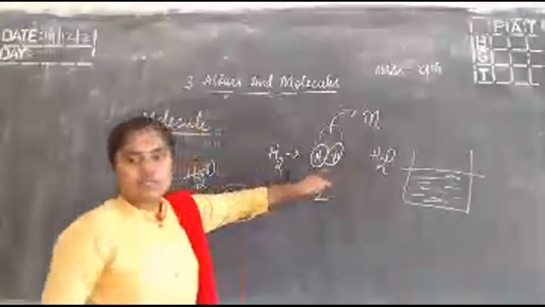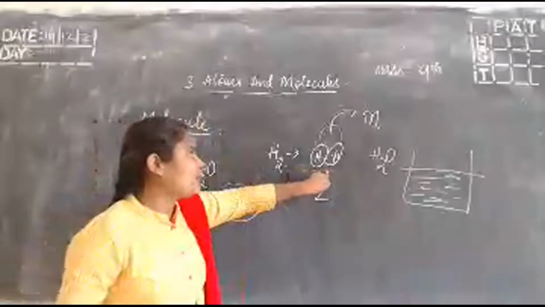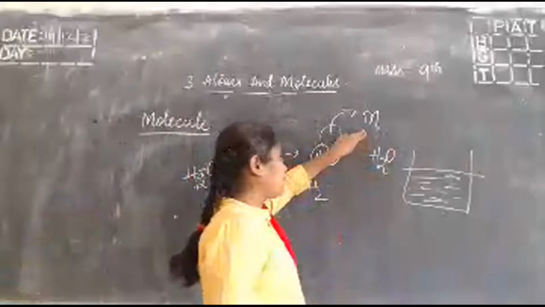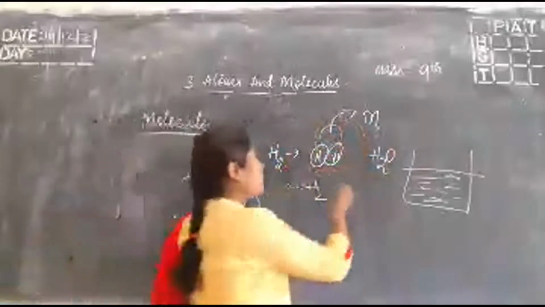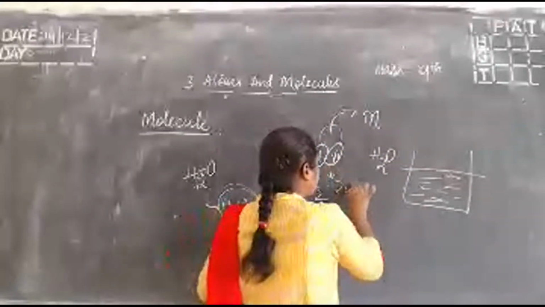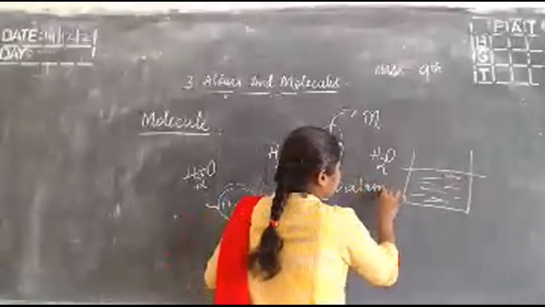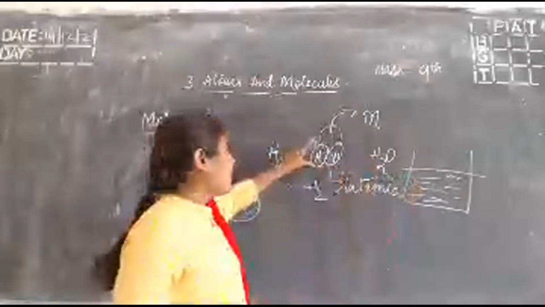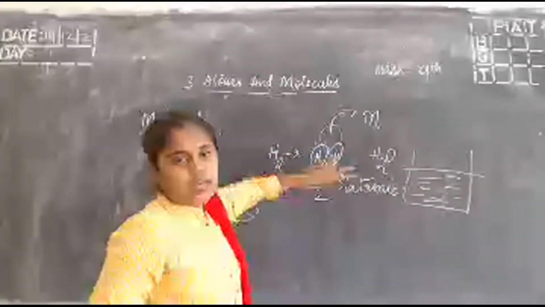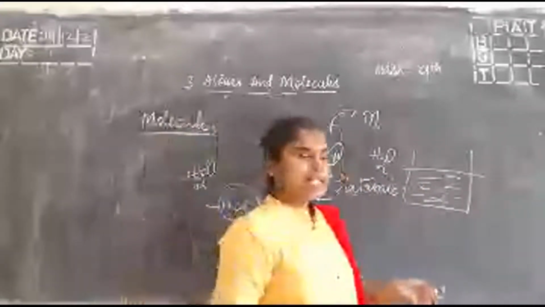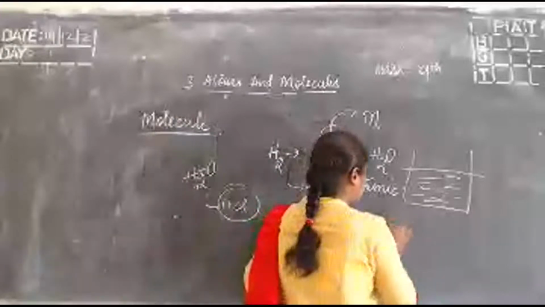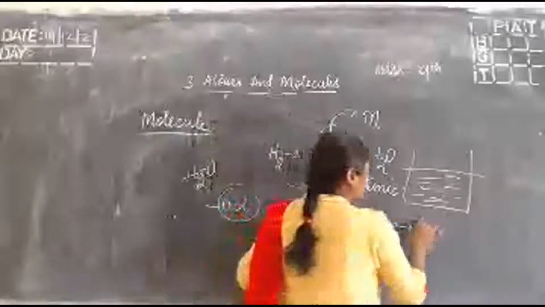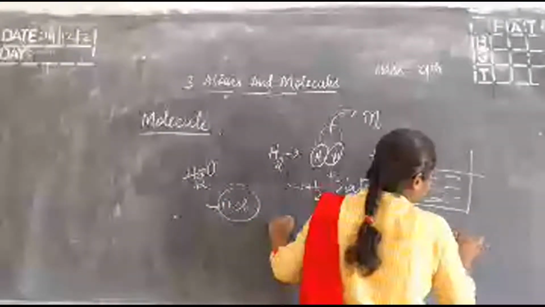So the atoms of that element can also be called a molecule. This molecule is called diatomic, since it has two atoms, that is, one hydrogen, two atoms. If you take the example of helium, which is stable as one atom, it is called monoatomic.